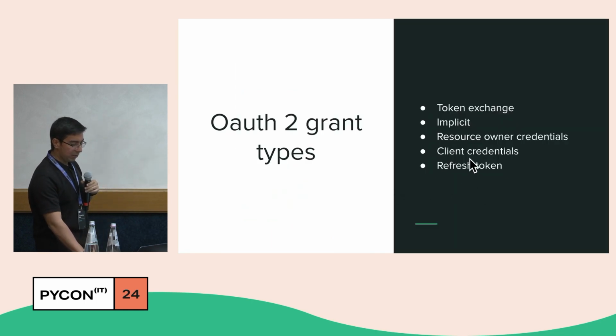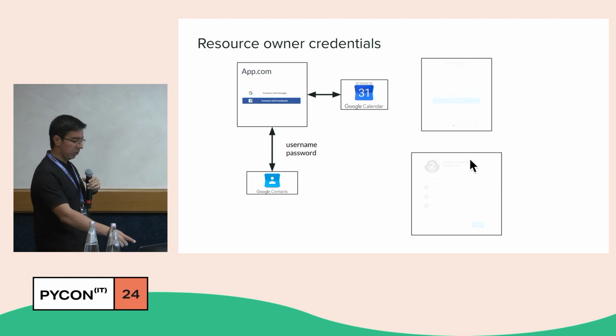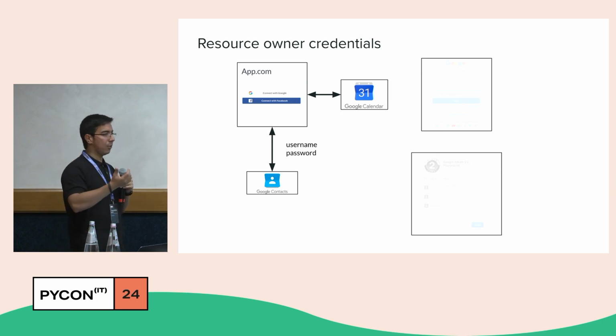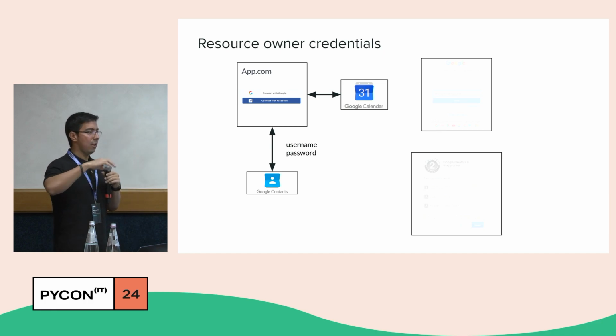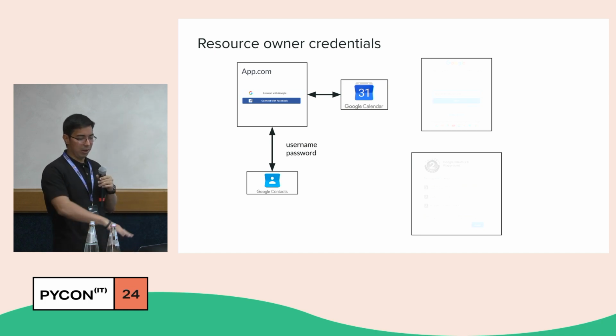The third one is resource owner credentials, which means that your application already has access through the username and password. So, for example, you make your user put the username and password, and then they go directly and access the resource without the whole flow. It has its pros and cons, but this is another variation.